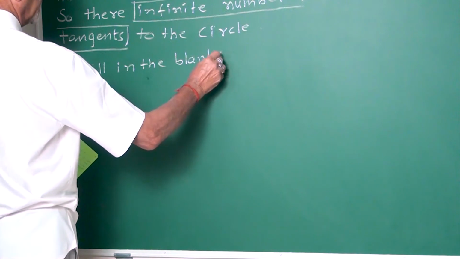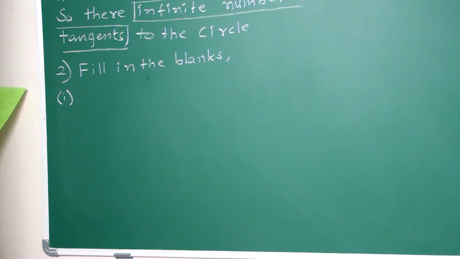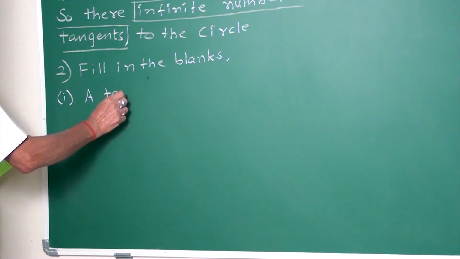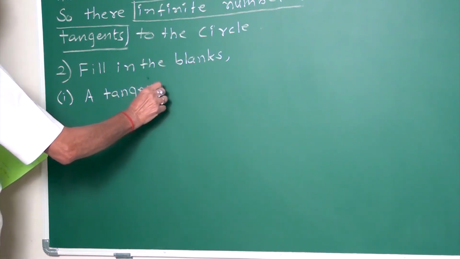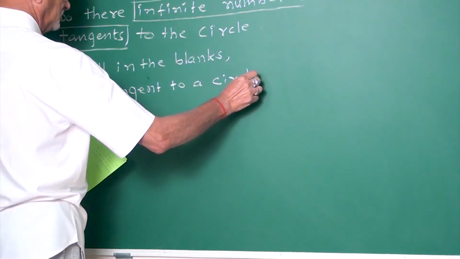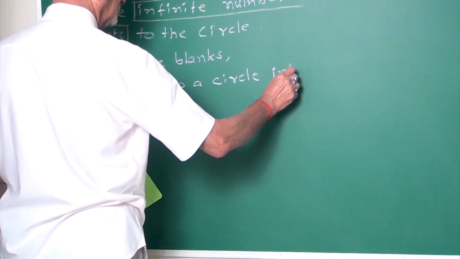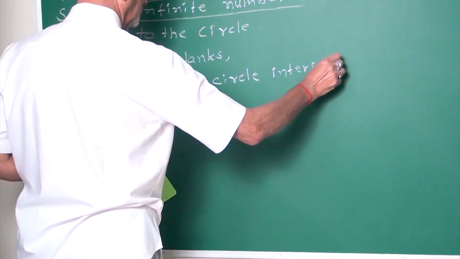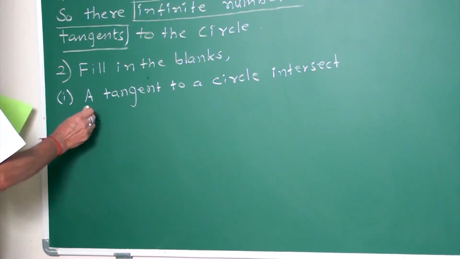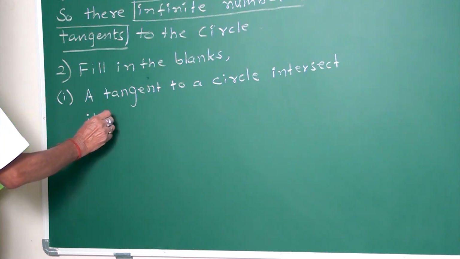A tangent to a circle intersects the circle at dash points.